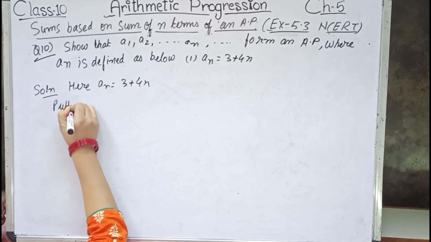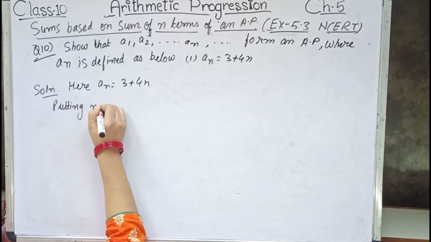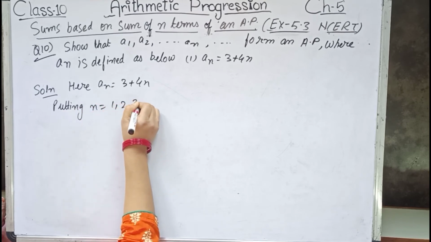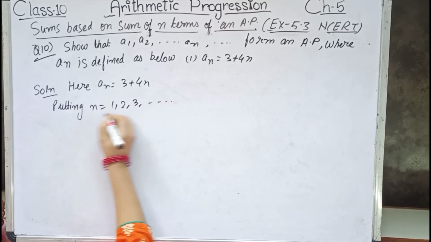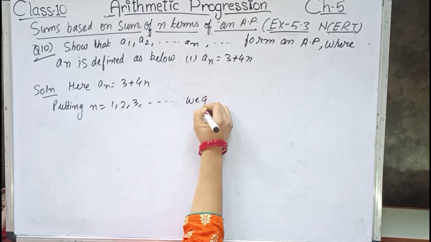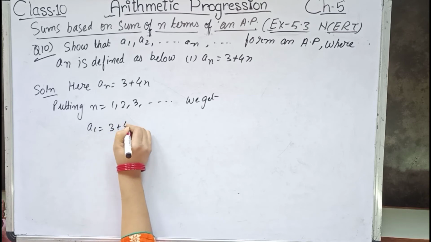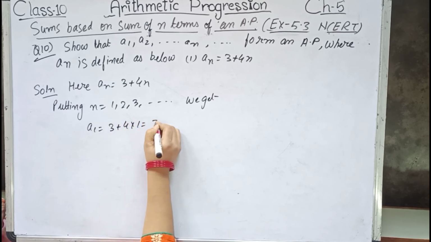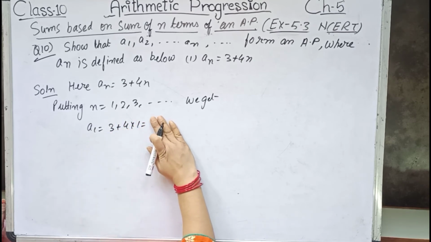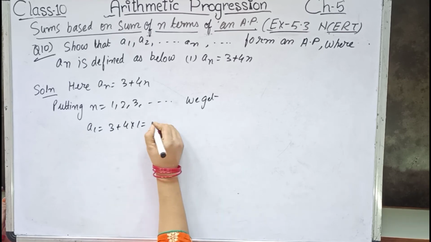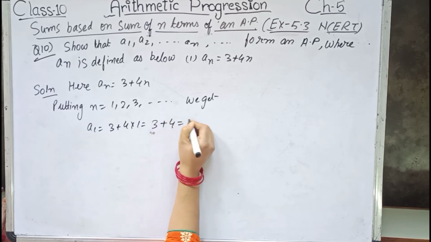Putting n equals 1, 2, 3 and so on, we get A1 equals 3 plus 4 into 1 equals 3 plus 4 equals 7.